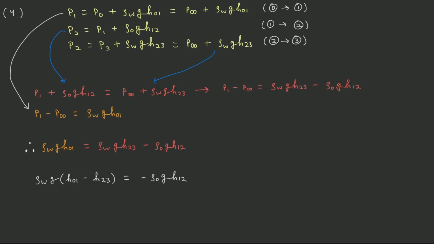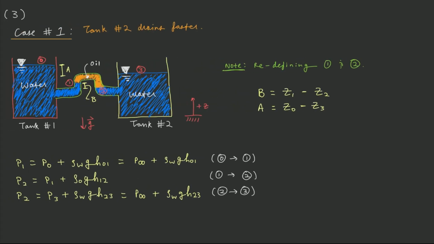Now h01 is defined as the height between points 0 and 1, h23 is defined as the distance between points 2 and 3, and h12 is defined as the distance between points 1 and 2. So h01 is this distance right here, h12 is this distance right here, and h23 is this distance right here.